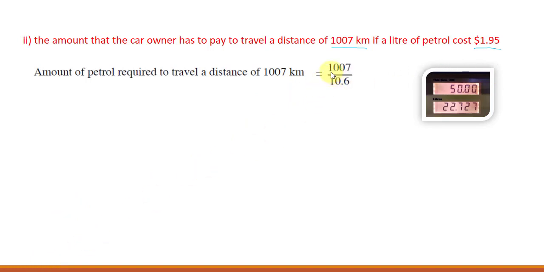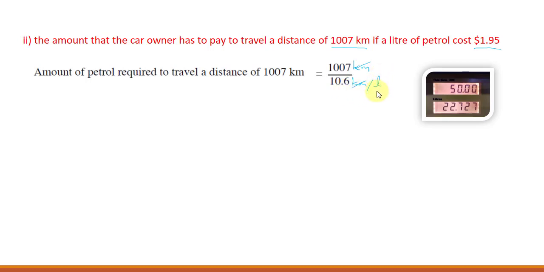We will divide 1007 kilometers by 10.6 kilometers per liter, as we have done in the previous part. 1007 is the kilometers, and 10.6 is the kilometers per liter we calculated in the first part. So the kilometers will cancel out, and we divide 1007 over 10.6.